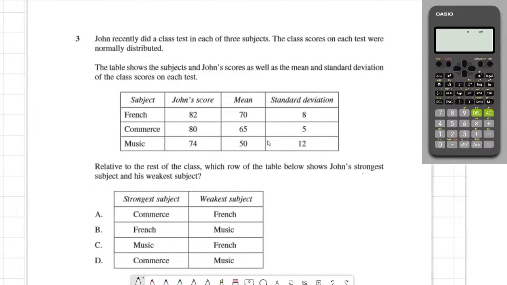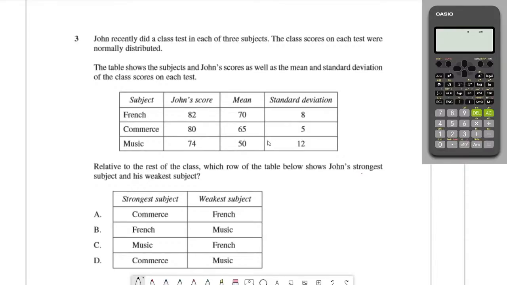John recently did a class test in each of 3 subjects. The class scores on each test were normally distributed. The table shows the subjects and John's scores, as well as the mean and standard deviation of the class scores on each test. Your standard deviation is essentially telling you what the spread is.